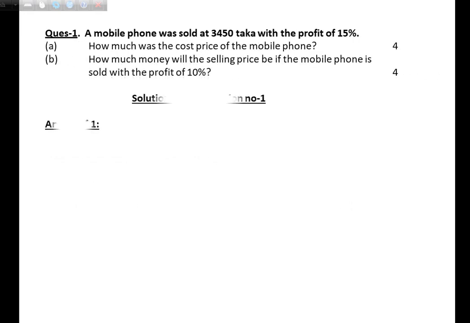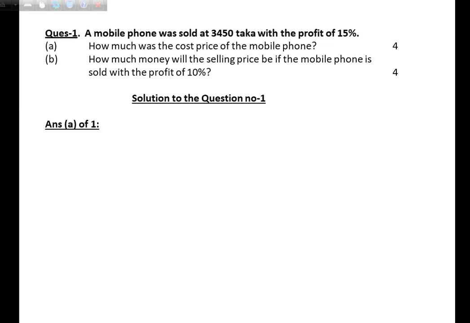At first there are the cost price and selling price. In the given CQ, a mobile phone was sold at 3450 taka with a profit of 15%. So at first you have to understand that it is a selling price, not a cost price, and the selling price contains the profit of 15%.